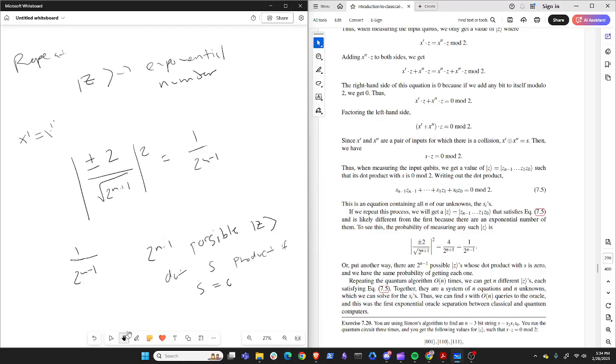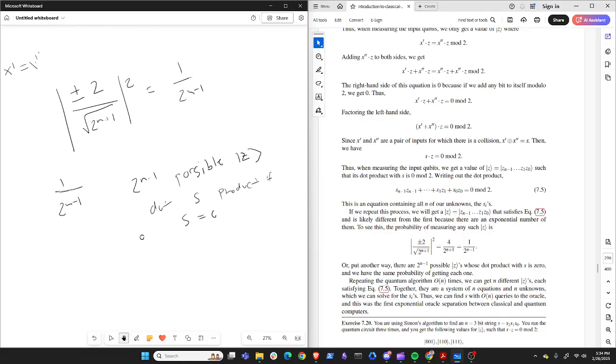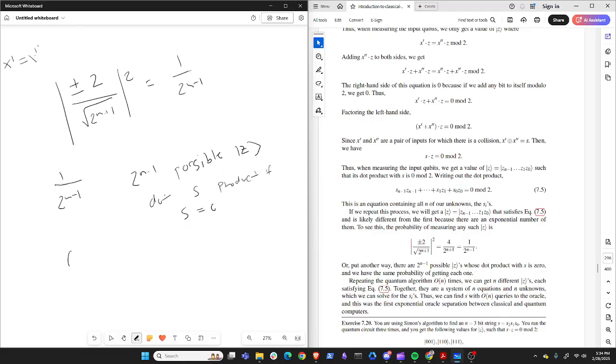If we do the algorithm n times, we wind up with n different states z, which we can then form a system of equations with, and we can solve for all the s i's.